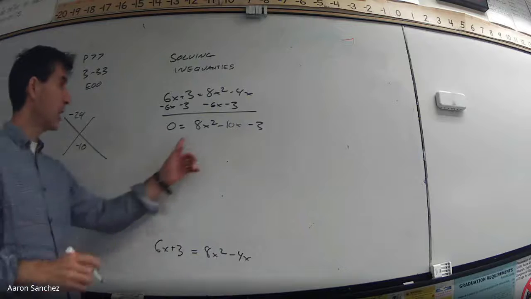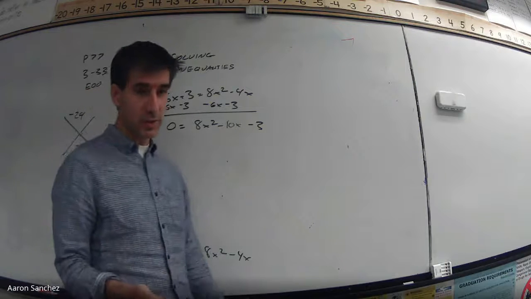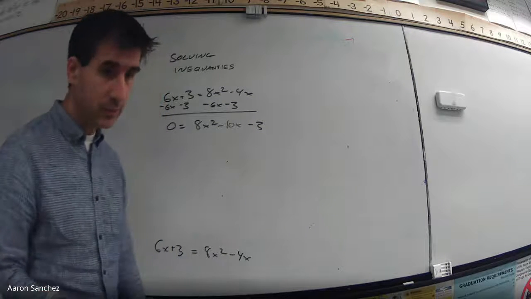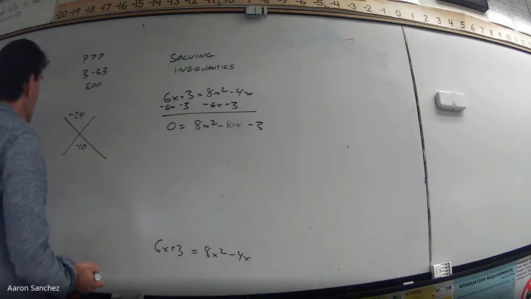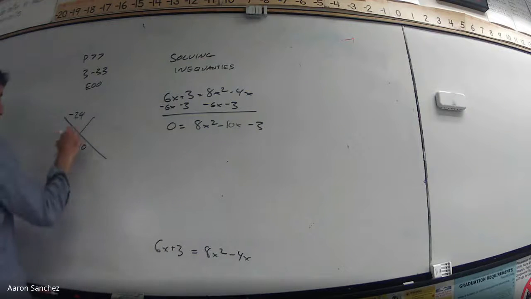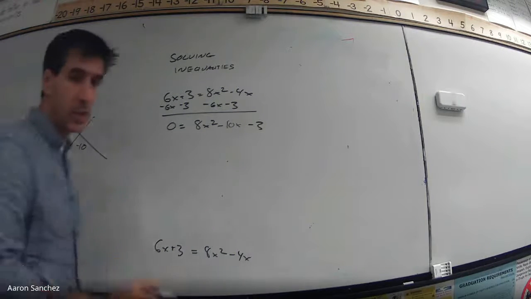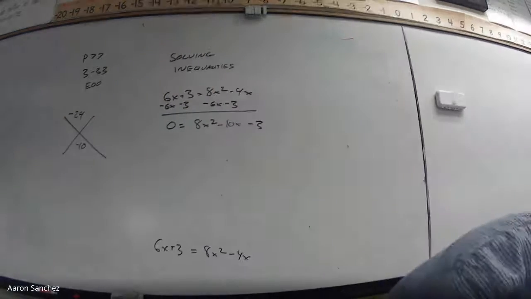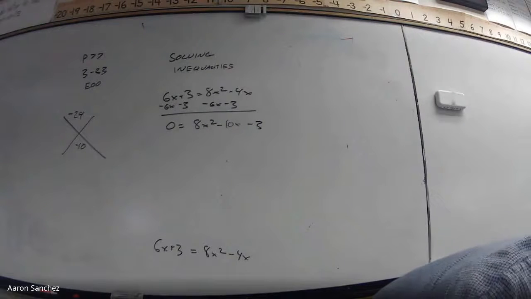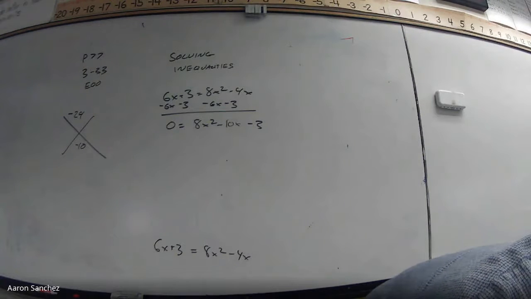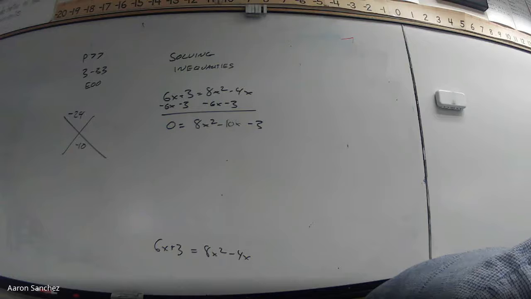So I need to do the box method to factor it, right? What times what equals negative 24 and adds to negative 10? Melissa, what is it? Let me know when you're paying attention.